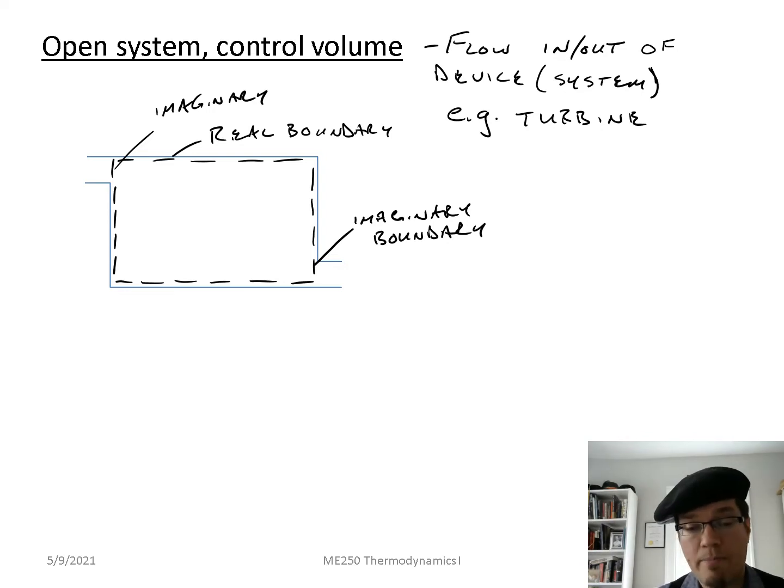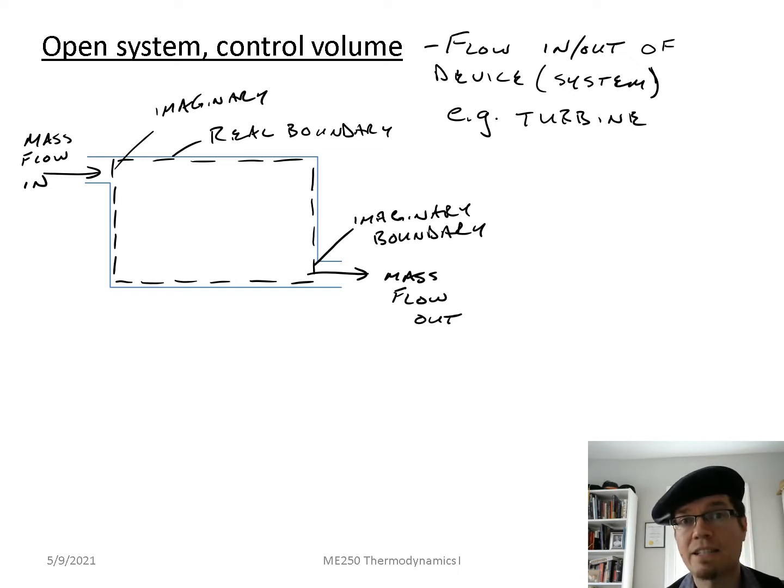And through those imaginary boundaries, which are really just areas that we're considering, we might have an area which is the inlet, which permits mass to flow in, or areas that are outlets, which permit, obviously, mass to flow out.